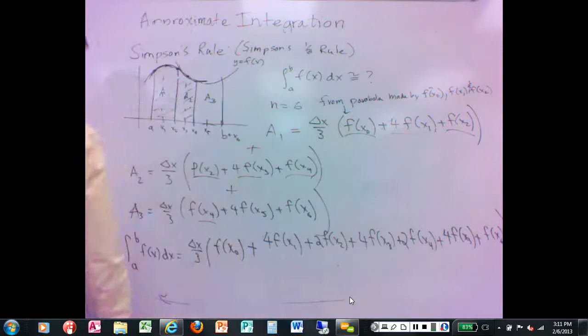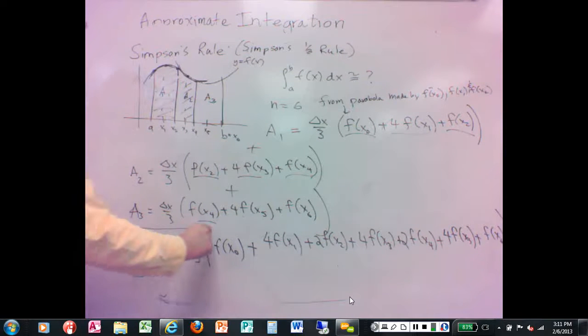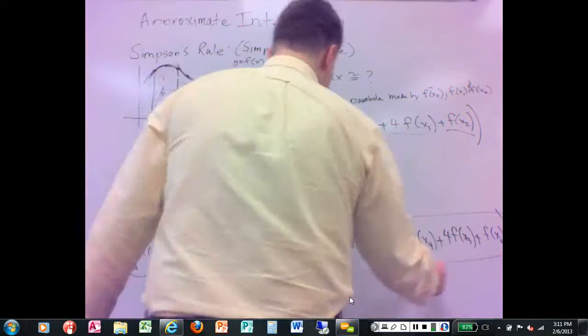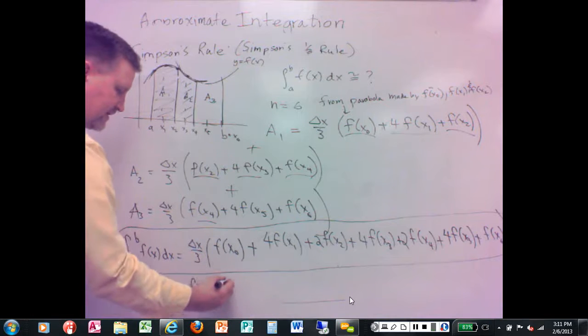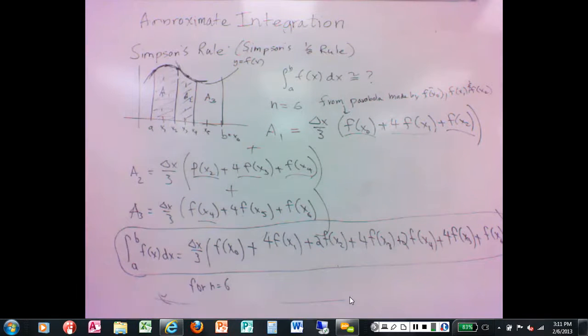Okay? Well, that's for n equals 6. Suffice it to say, if you change n's, and for Simpson's rule there is one little note: you can kind of see n has to be an even number for Simpson's rule to apply because of the patterns and all that.